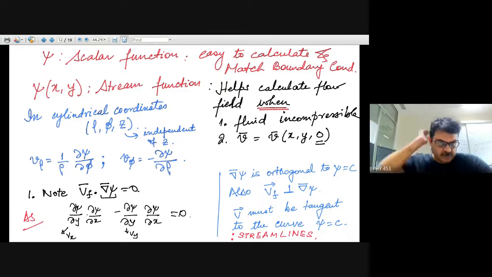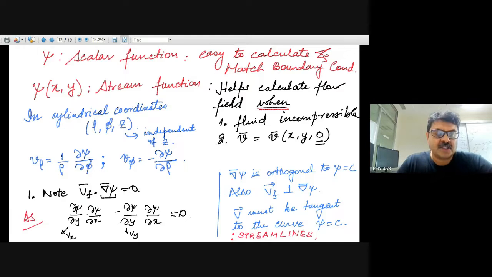Now you can also write the velocity fields in cylindrical coordinates. In that case, if you have a planar flow, right, and the z component is 0, then you can write v rho to be del psi del phi. It's the same principle.